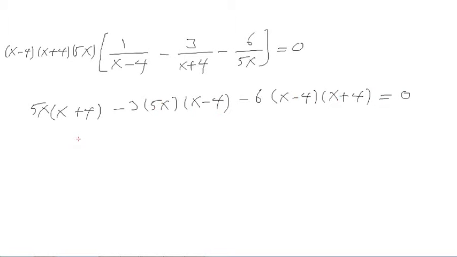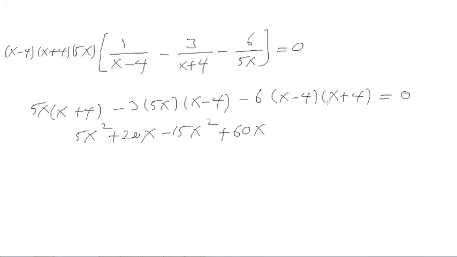Let's simplify that. I get 5x squared plus 20x. Then minus 15 times x is minus 15x squared, and minus 15 times minus 4x gives me plus 60x.